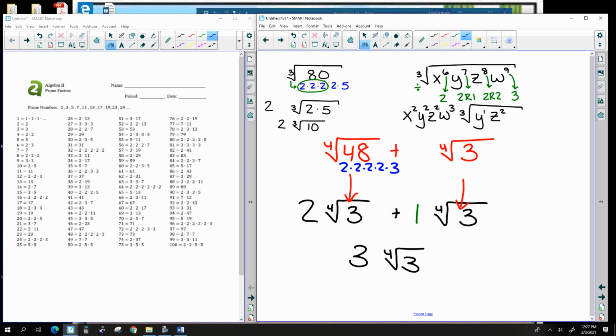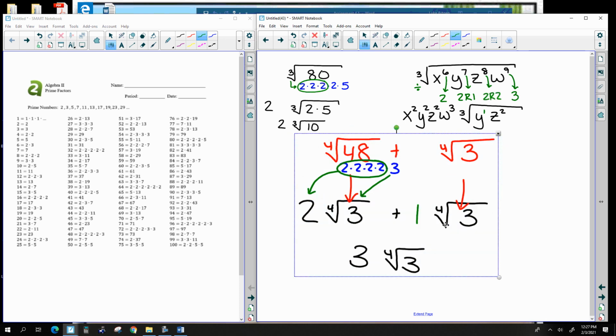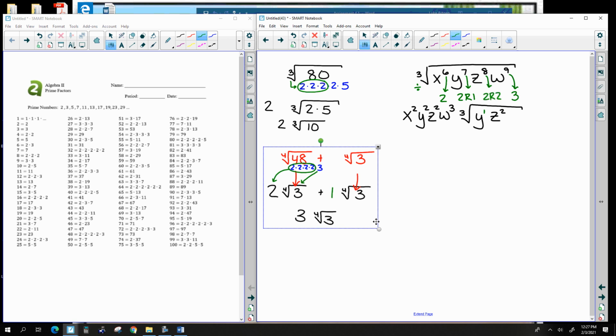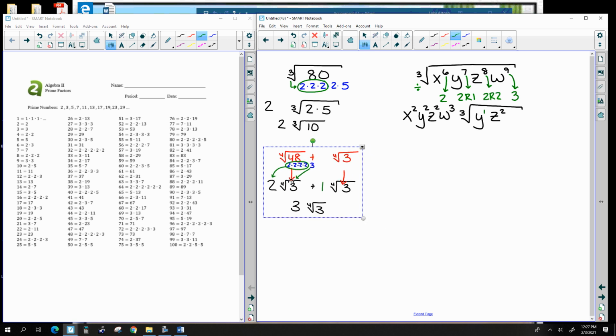So if I'm making a fourth root, I'm able to take out a 2 with a 3 left over. Something that originally looks impossible now becomes possible. They're not going to make the problem blatantly obvious for you. They're going to make it a little bit more difficult. So if you do see these additions and subtractions, simplify and then see if you can add and subtract.